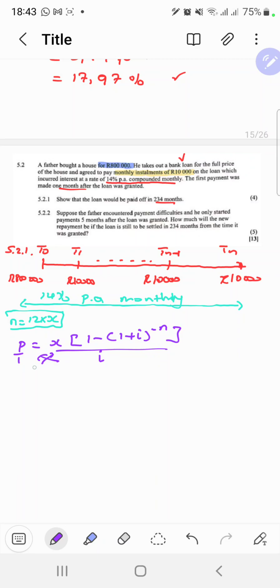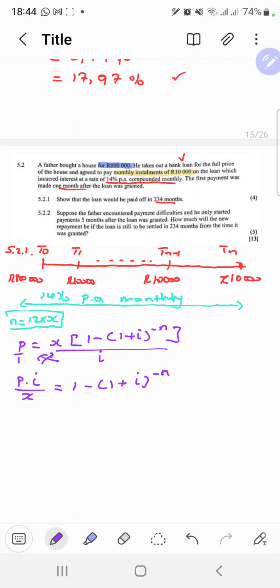So all I'm going to be dealing with here, I'm going to have P multiplied by i over x is going to be equal to 1 minus 1 plus i to the minus n. And yeah, now it looks a bit promising, ne? So look, I've cross multiplied and divided by x. Okay, now I got myself a bit of a breather.